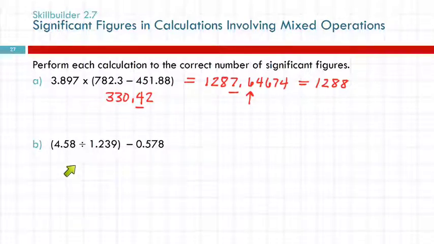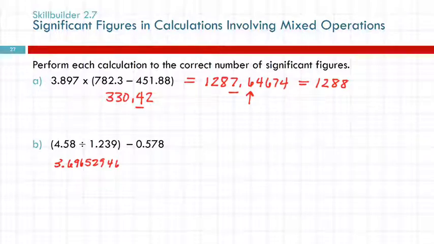Let's do this one, 4.58 divided by 1.239. I'm going to write down what that is. 3.69652946.